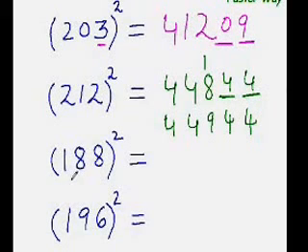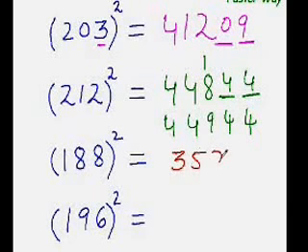Now find the square of 188. Quickly tell me the answer. 188 is 12 less than the base 200. So immediately subtract that 12 from 188. It would be 186, 176, and double of 176 is 352. How?